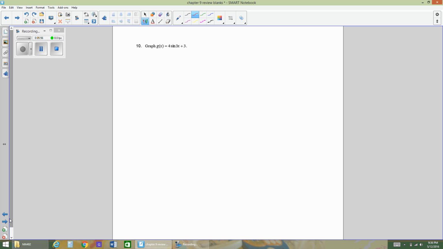Okay, graphing. So, take a quick look here. We've got a shift. First of all, make it small. I can see that my amplitude is 4. I know that my period is 2 pi over whatever's connected to the x.